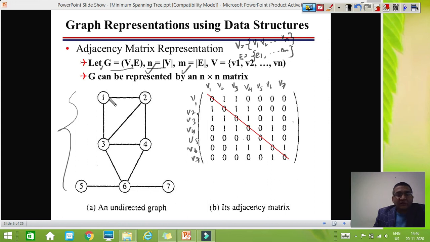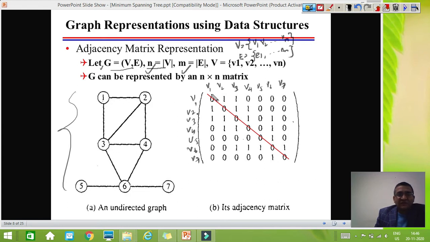And whenever you find any edge that connects two vertices, then we write an entry, because this is a very simple graph where no weight is assigned. So here 1 means the edge is present or we have a path, and 0 means there is no path associated. So if you see V1 to V2, there is actually a path.